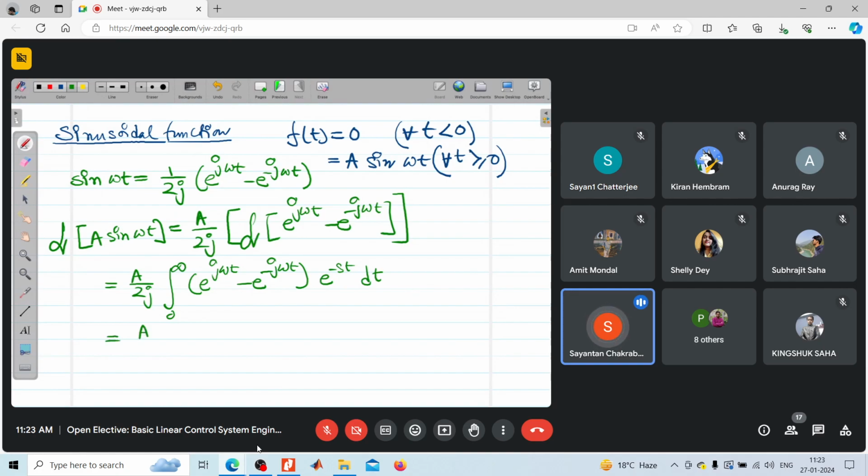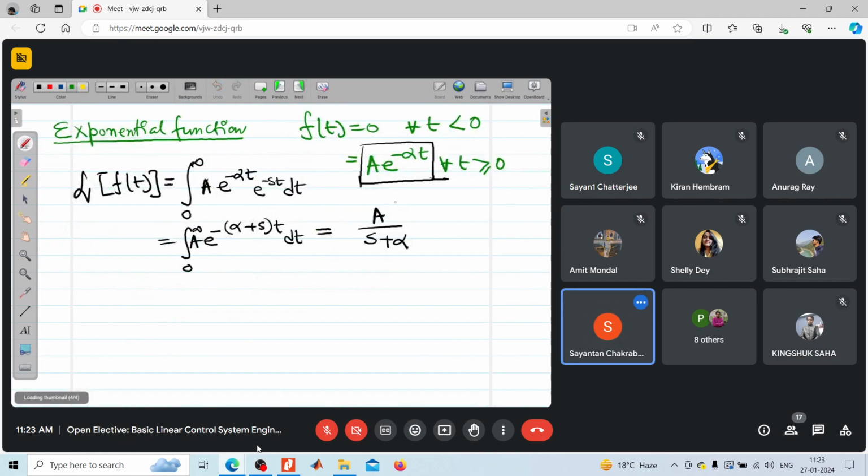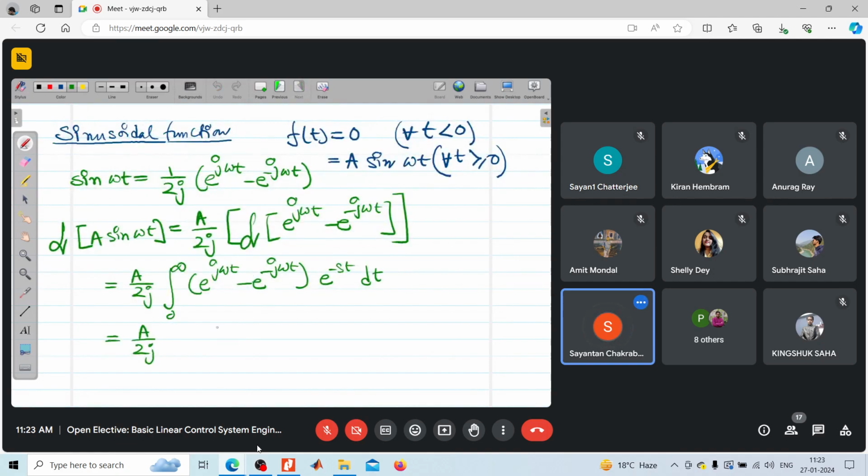From the first part, comparing with e to the minus alpha t, alpha is equal to minus j omega. It will be 1 by s minus j omega, and in the other part, alpha is plus j omega, so 1 by s plus j omega, on the same principle.